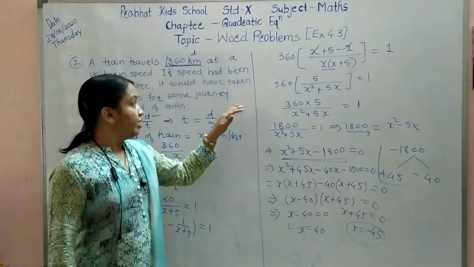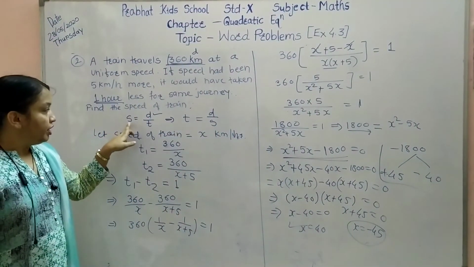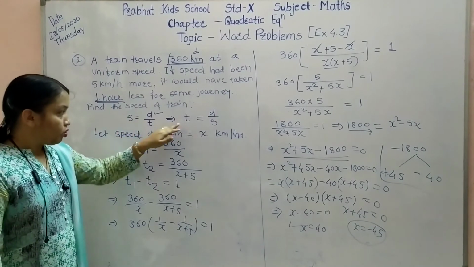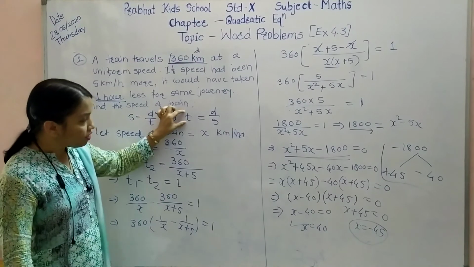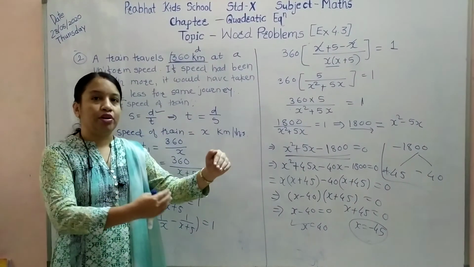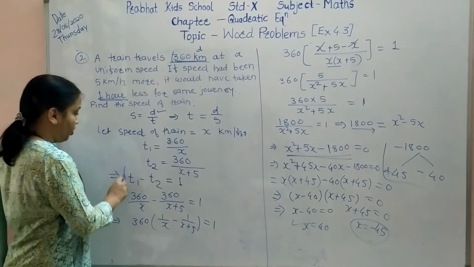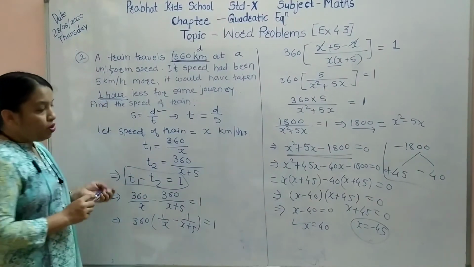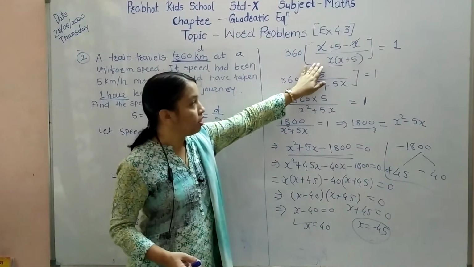Right. Let's look again. Here you have to keep in mind that speed is equal to distance upon time. So here a comparison between times is given, so I have written this equation in terms of time. As the speed increases, time will be lesser. So framing this equation is very important. Sometimes we make mistakes while writing, as I did here.